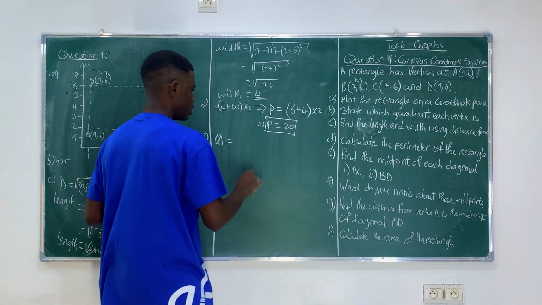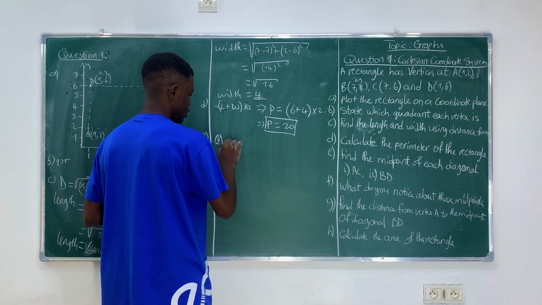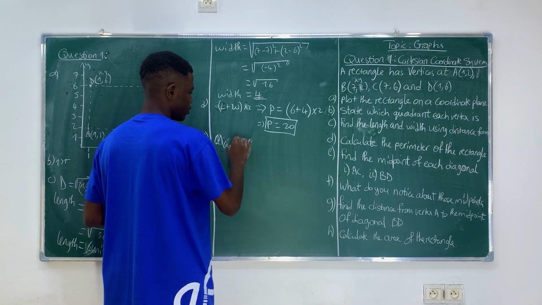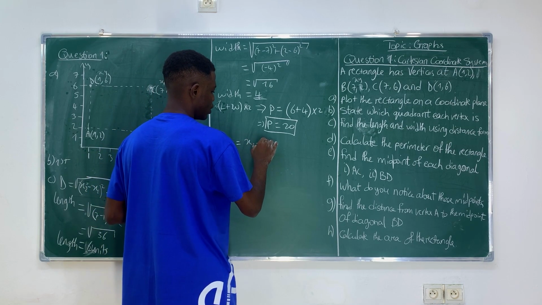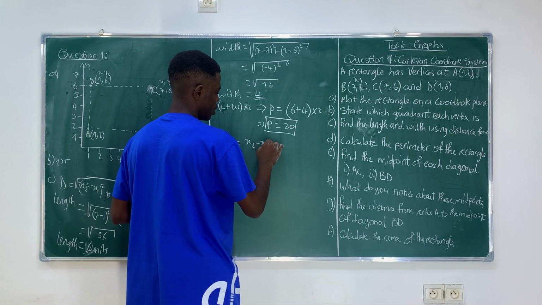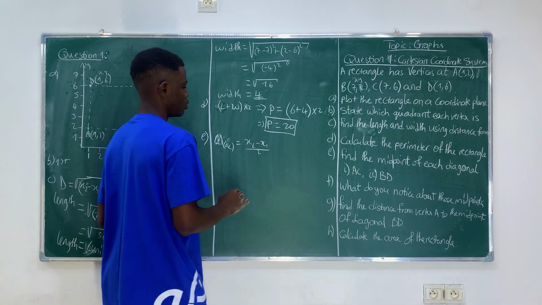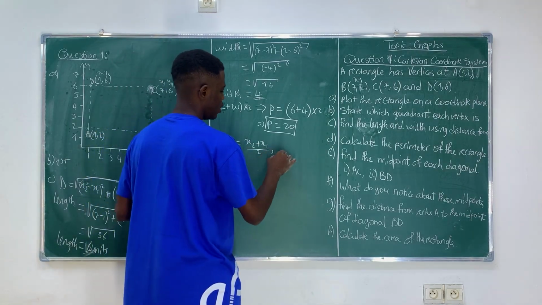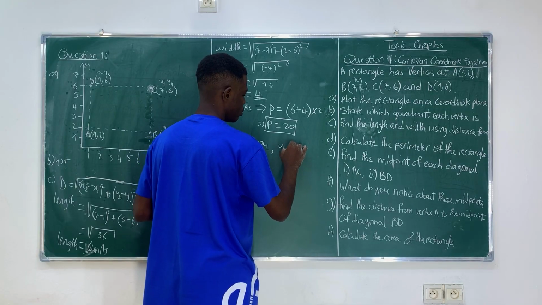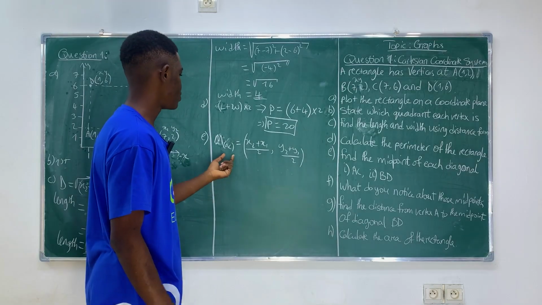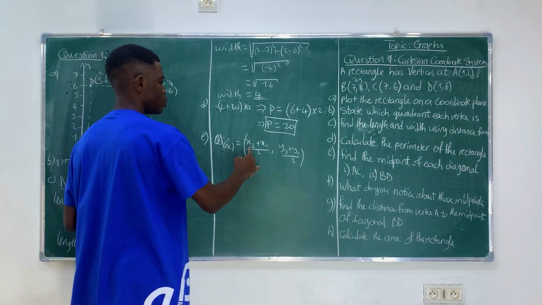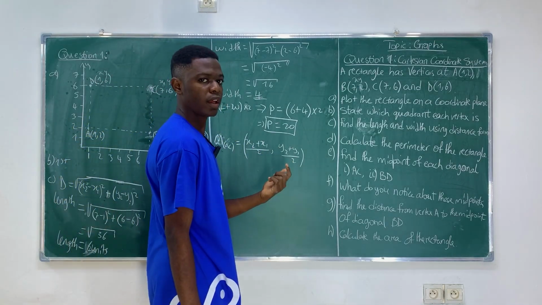The midpoint between AC is equal to (x2 plus x1) on 2, comma, (y2 plus y1) on 2. Since it is the midpoint between AC, I'll take x2 plus x1 on 2 of AC.